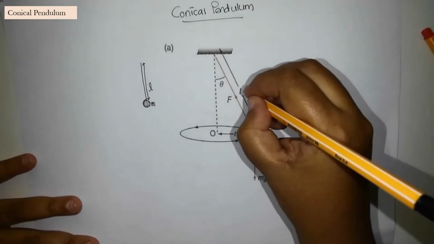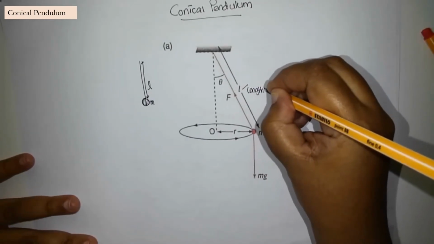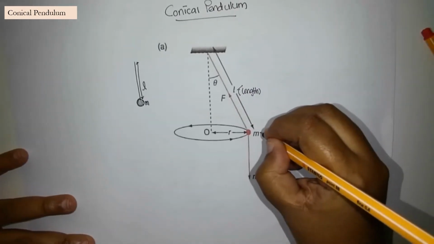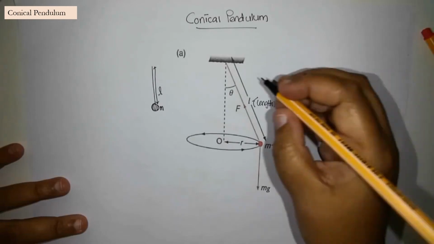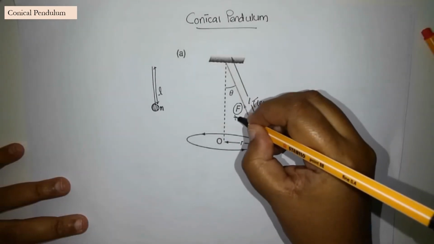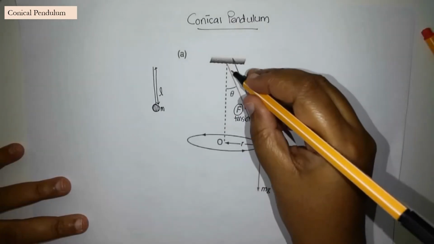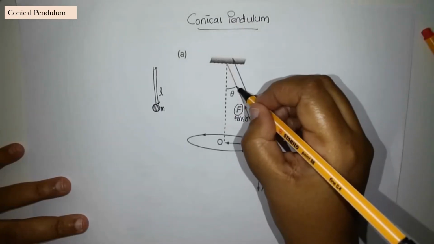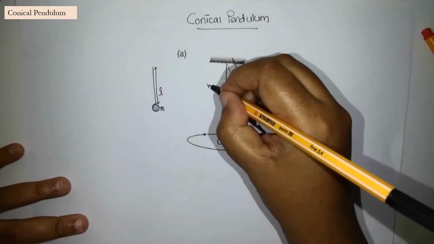So here we have the length L, and then we have a mass M, and then we have a force here. This one is actually the tension. Then this string makes an angle of theta to the vertical.